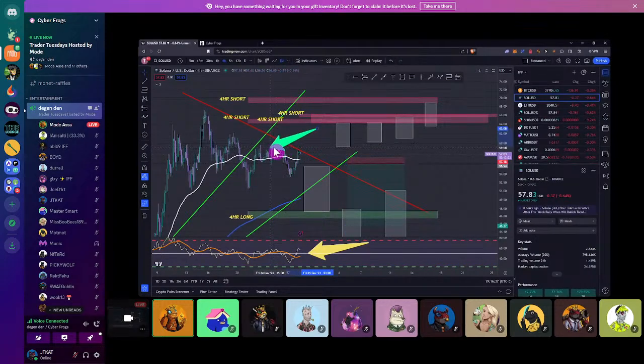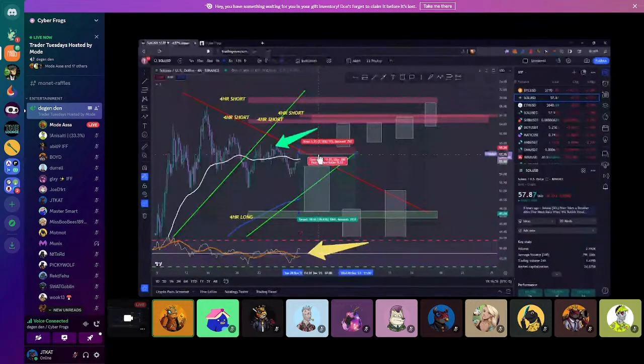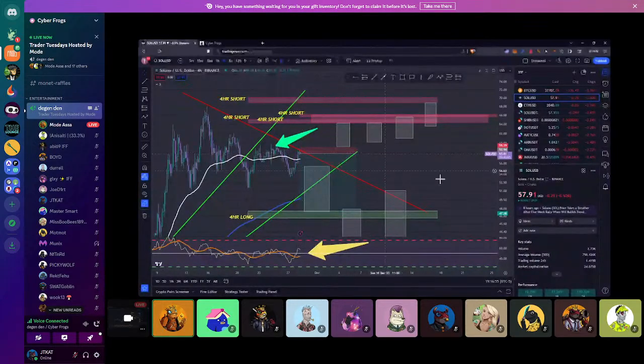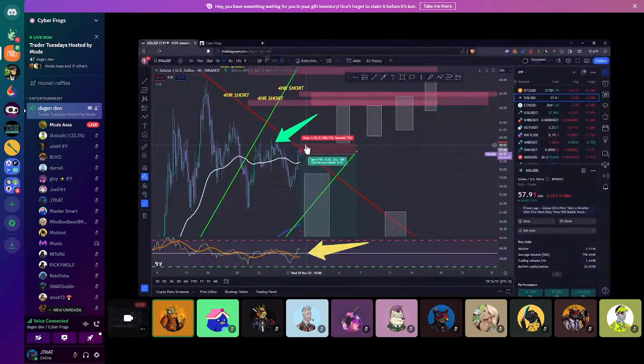We did talk about this last week. We did have this on stream. We had the break, and we said as long as we make the lower high, this is our entry point. So congrats if you made it. But if you didn't, we're talking about right now, this does look like a potential trade you could take. Again, not financial advice. Do your own research.